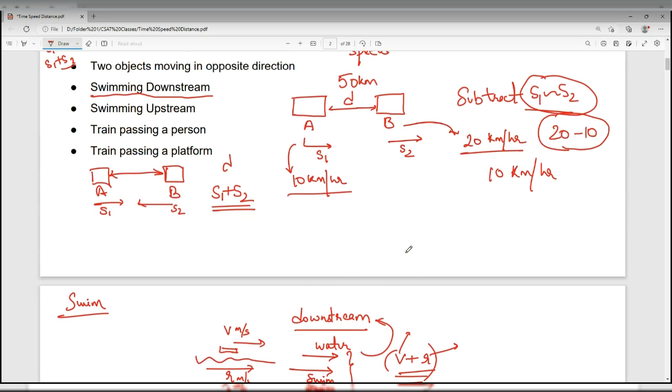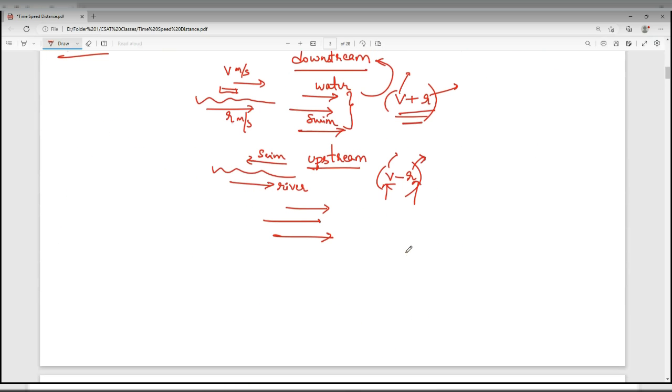And there are also problems where they give a train. So, for example, in one case, they make a person stand here, and the train is passing.